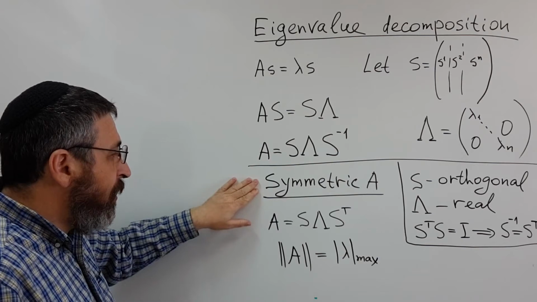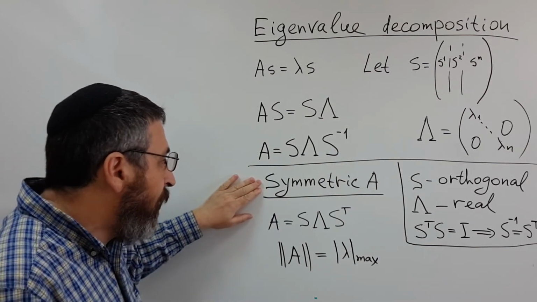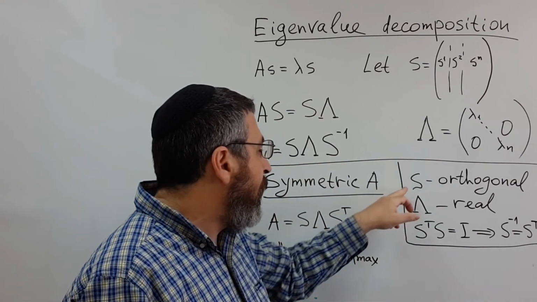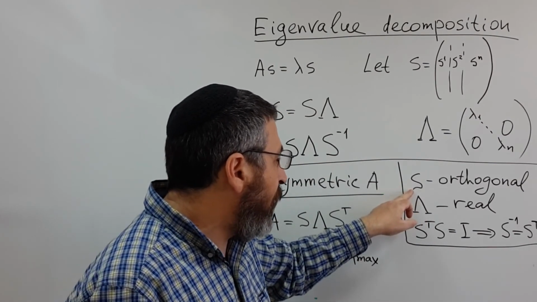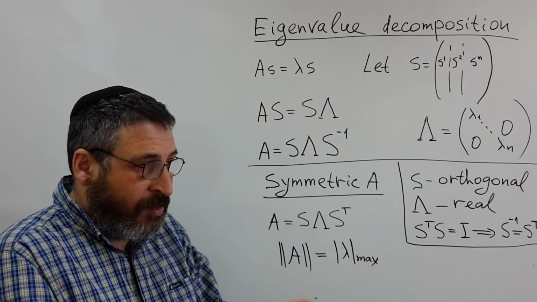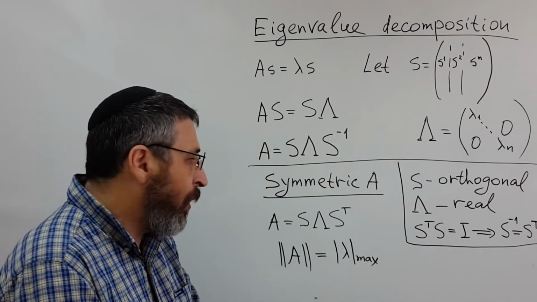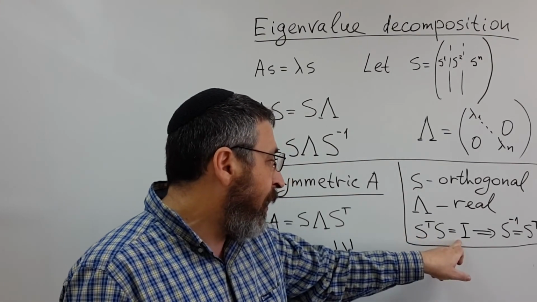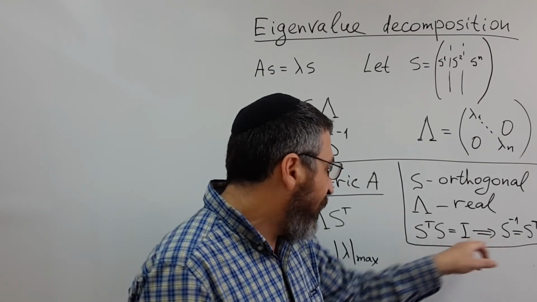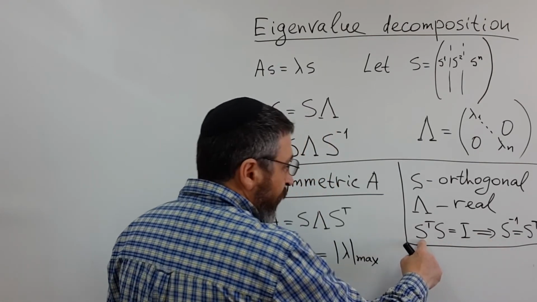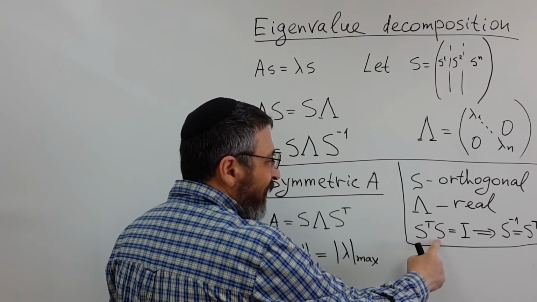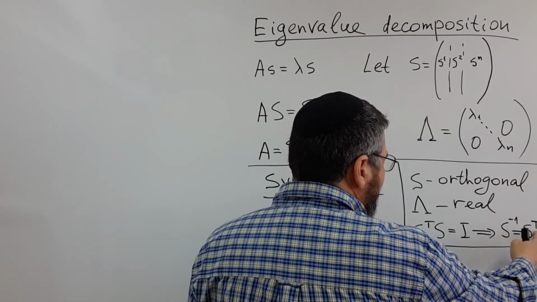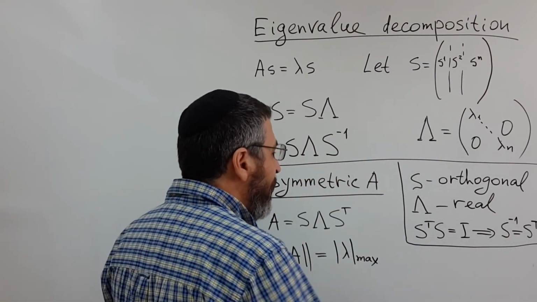If A is a symmetric matrix, the eigenvalue decomposition greatly simplifies. In this case, S is an orthogonal matrix, meaning all eigenvectors are orthogonal to each other, and we can normalize them. Then we get S transpose S is identity, and we also know that S inverse S is identity, and we conclude that for an orthogonal matrix, its inverse is equal to its transpose.